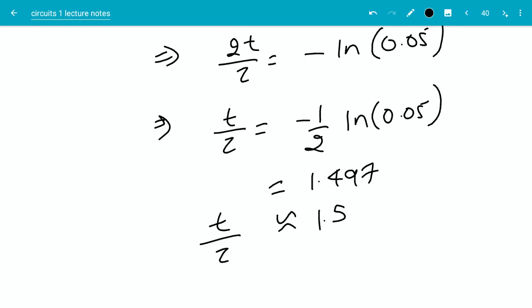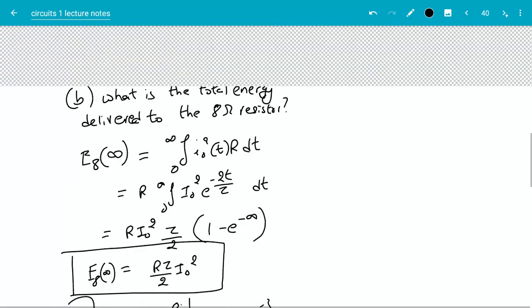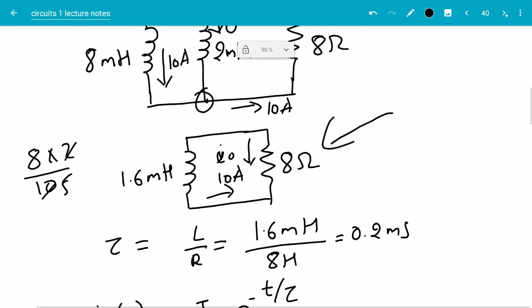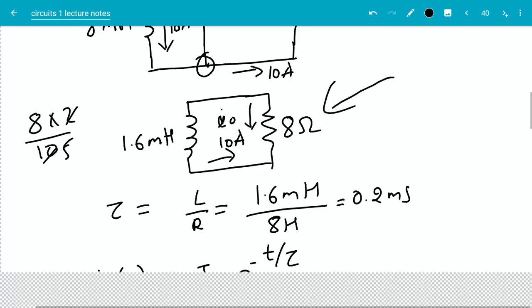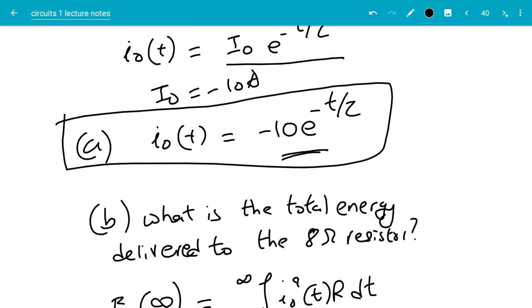So what this means is, if you look at the inductor discharging here, let's say if you go to this circuit here, if you look at the inductor discharging equation, we know the current is never zero, right? It's always going on until infinity. But if you look at this equation here, this current never reaches zero, but it will exponentially drop off.